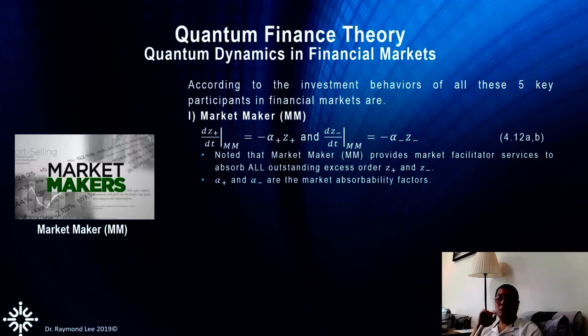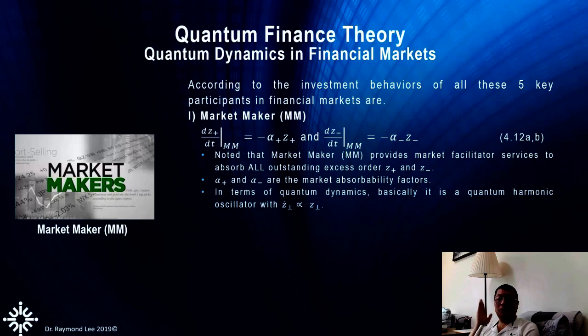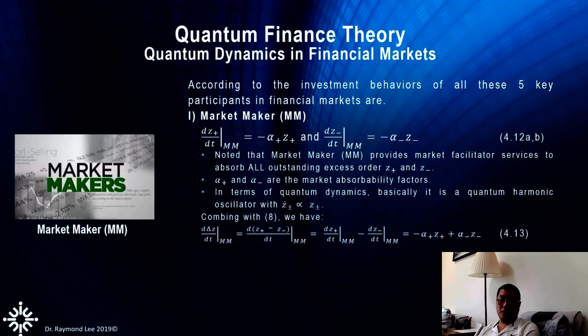Using the same logic and some approximation, in terms of quantum dynamics, basically it's a quantum anharmonic oscillator, first order dz dt. That's it. Combined with 8, we will have something like this.